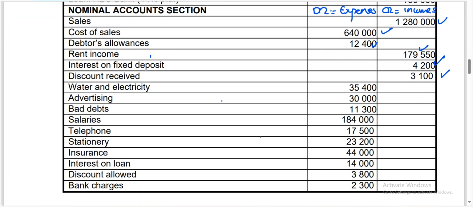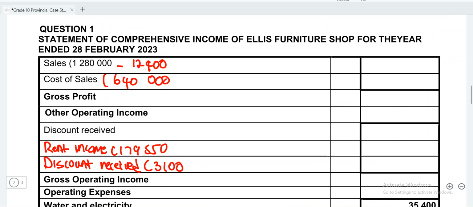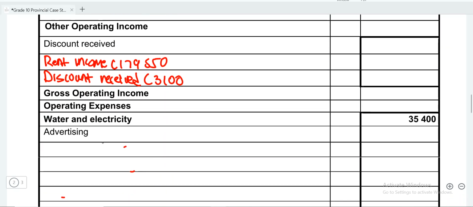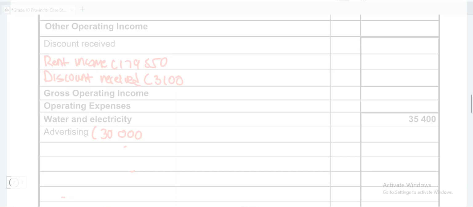We have water and electricity for 35,400. This was already entered for us. Then we have advertising for 30,000, which is an expense. Because they already entered advertising but did not enter the amount, we are going to put 30,000 here. Then we proceed to the next one.